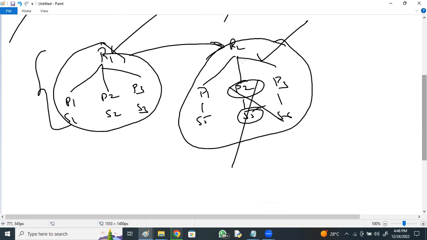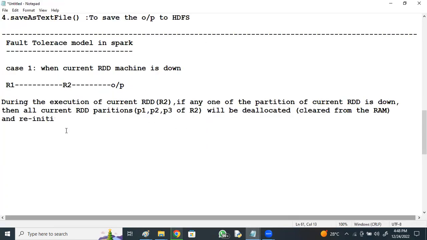So again, what it will do is, it is going to deallocate all the partitions. All the current RDD partitions will be deallocated. So here I'm saying the current RDD is R2. Its partitions will be deallocated, means cleared from the RAM. Everything got removed now. Not only P2, P1, P3 also got removed.